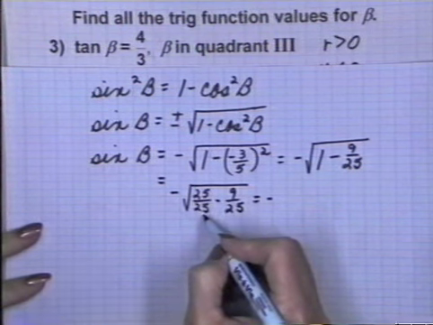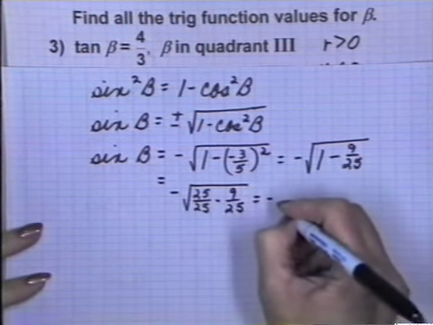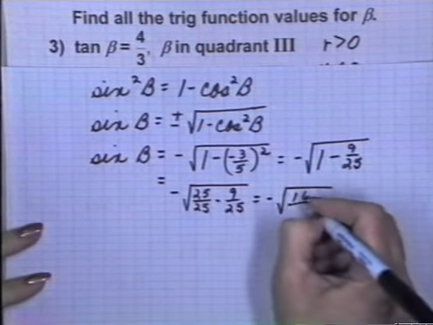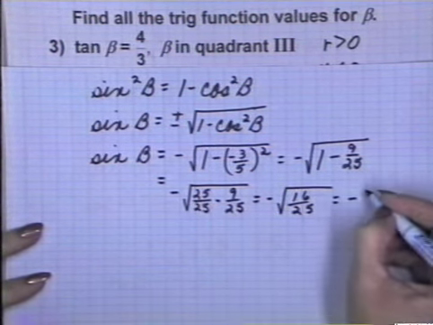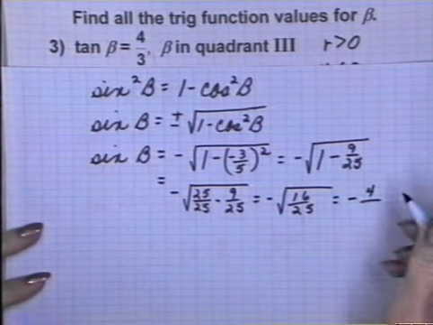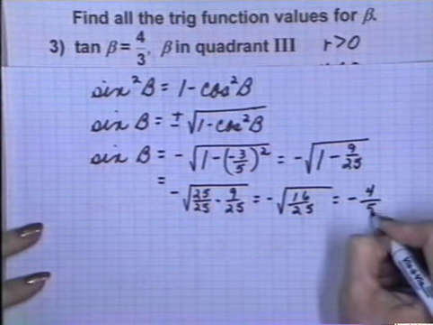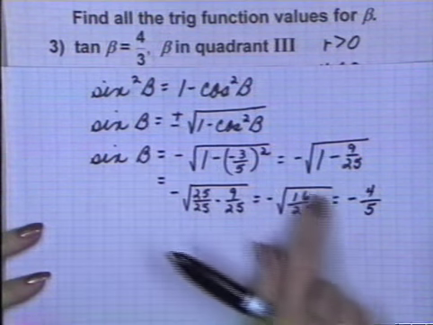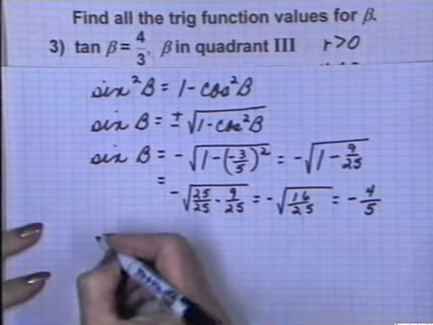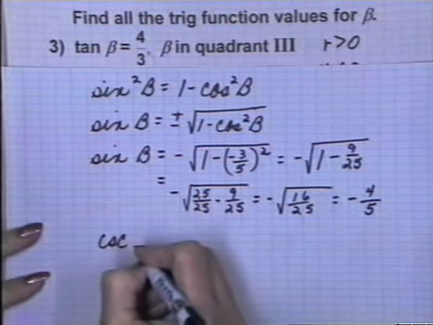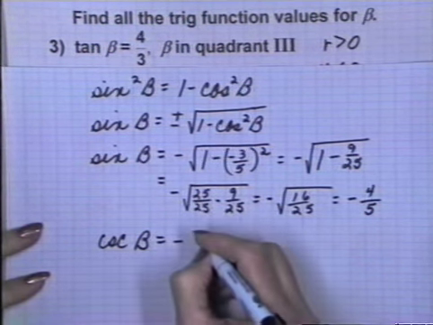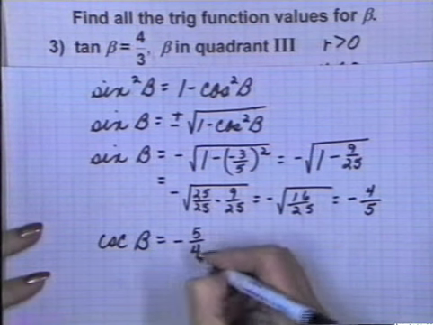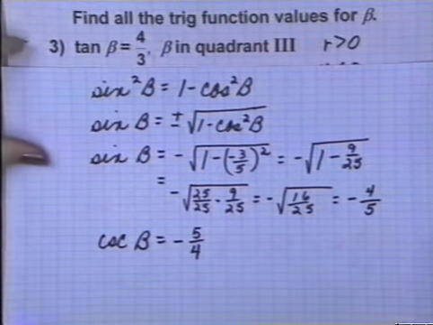Well, 25 25ths subtract 9 25ths gives me 16 25ths. When I simplify, the square root of 16 is 4 and the square root of 25 is 5. So the sine of beta is negative 4/5. I can easily get the cosecant of beta using its reciprocal. It will equal negative 5/4.